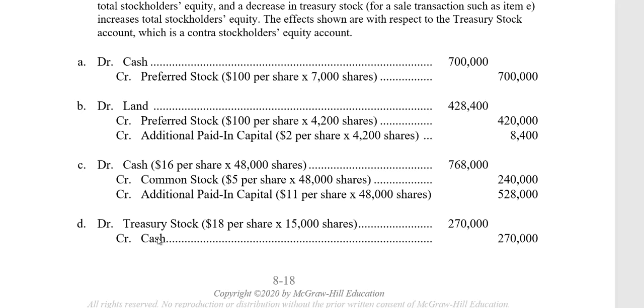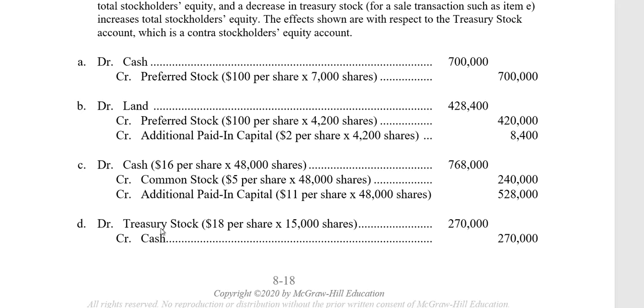And when it does, it goes into an account and it is debited. You notice we're paying cash for this stock, right? So we've got to credit cash. Well, what are we going to debit? We're going to debit treasury stock. Well, what kind of an account is treasury stock? Well, treasury stock is a contra equity account. So beware of that, right?